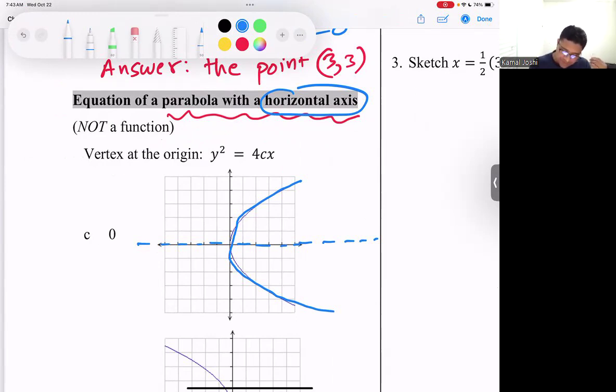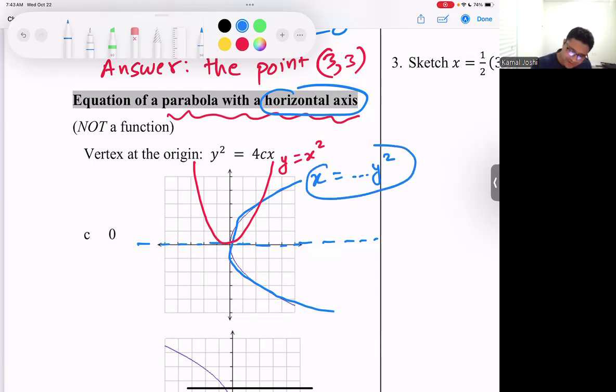And just like how, if you have a parabola with the vertical axis, that has equation y equals some x square, this parabola will have the equation x equals something y square. The standard one would be just x equals y square. But if you are stretching it, or shrinking it, it would have some coefficient there. This x equals something y square is rewritten like that.